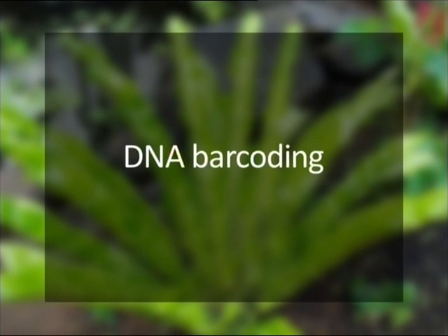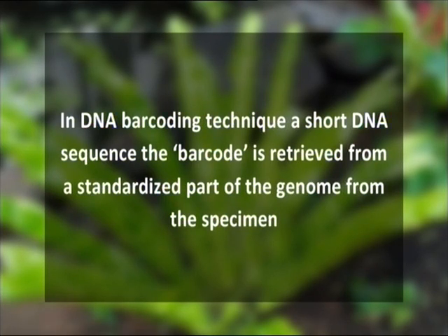Next is DNA barcoding. It's an efficient method for species identification with great potential to contribute to taxonomic and biodiversity research. In this technique, a short DNA sequence, the barcode, is retrieved from a standardized part of the genome from the specimen.